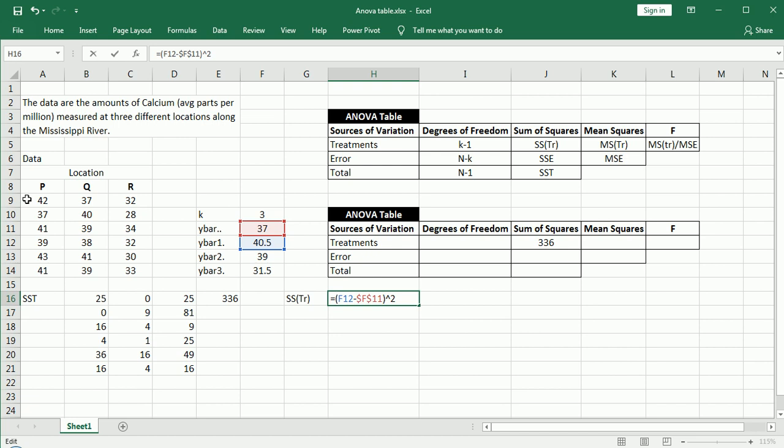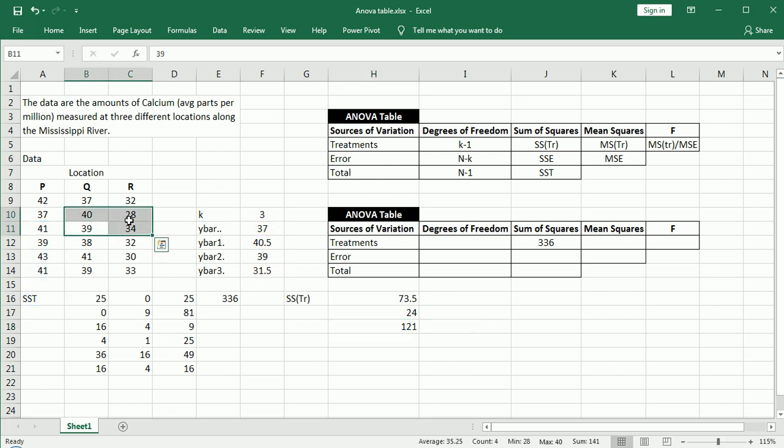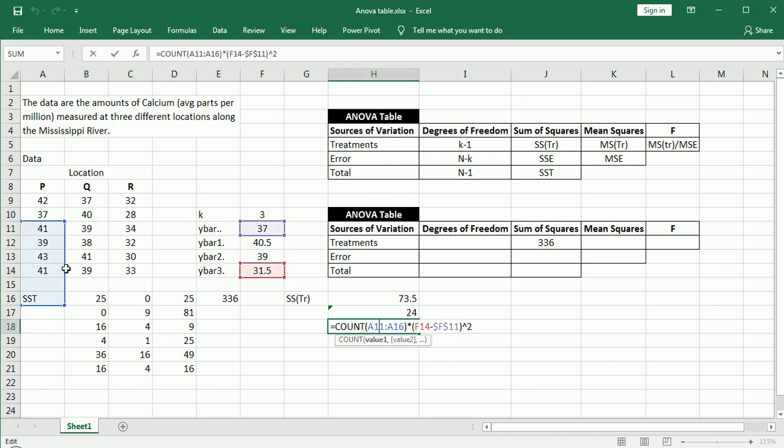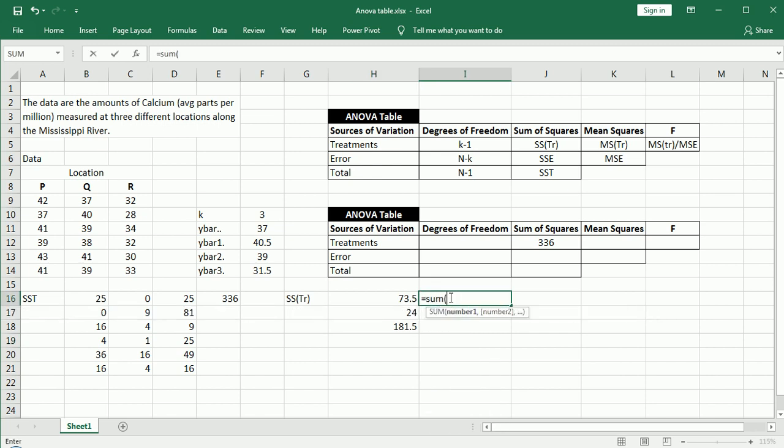So here we could use the count function and simply count how many observations there are in each sample. That would be the first element, and then we'll just repeat that, and adjust this a bit. My mouse is acting up a bit. Okay, now we sum this, and that is the sum of squares from treatment.